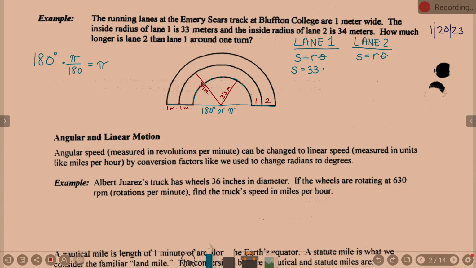So we're going to say the arc length of lane 1 is going to be 33 times pi. What is 33 times pi? 103.67. Okay. I wrote down 33 pi. 103.67 is also correct, yes? Write down either or.